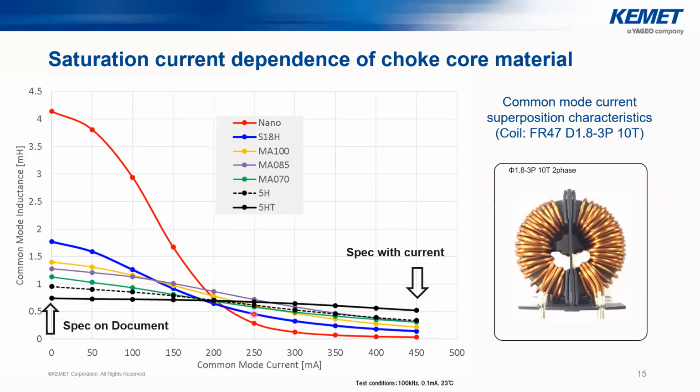And this is something you really need to take care about, that these high permeability materials, for example the nanocrystalline here or the S18H with 18,000 mu, look to be very good. Of course, they are very good to use, but you need to look deep into your application regarding what your current requirements are, and whether the high magnetic permeability is really helping you in your design. There could be a case where a lower magnetic permeability is cheaper for your design. So you save on cost and maybe also on space, depending on the kind of current that you need for your application.